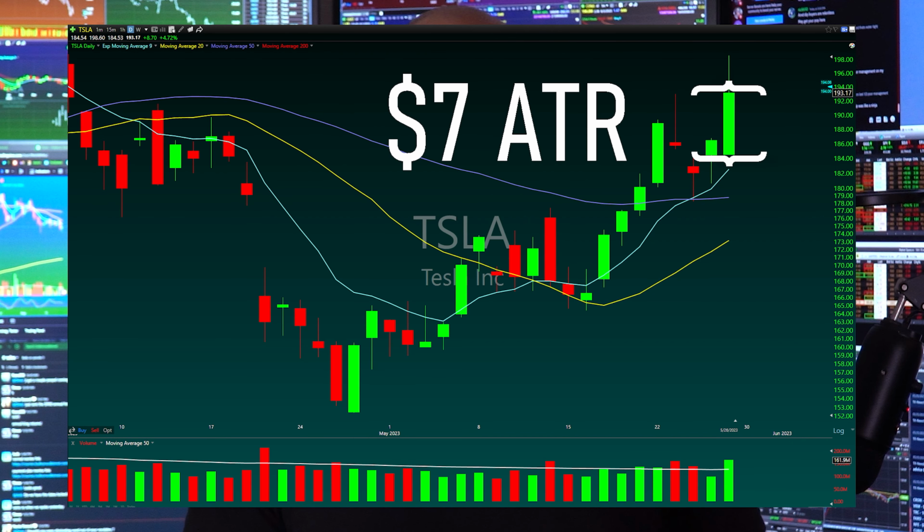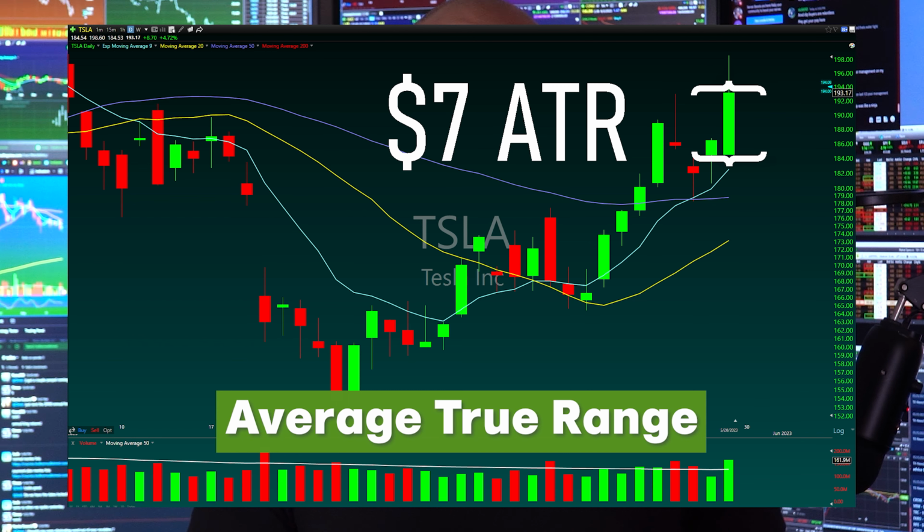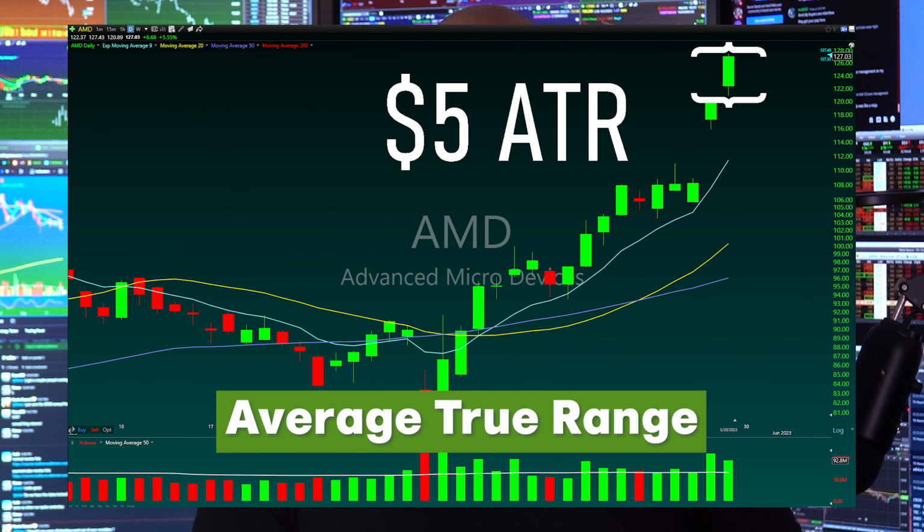So you have specific ranges for every single stock. For example, Tesla has a $7 ATR. AMD has a $5 ATR. So this is the range that a stock can move up and down during the day. So how the heck do we actually use this?